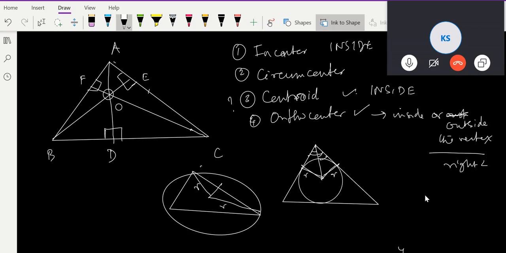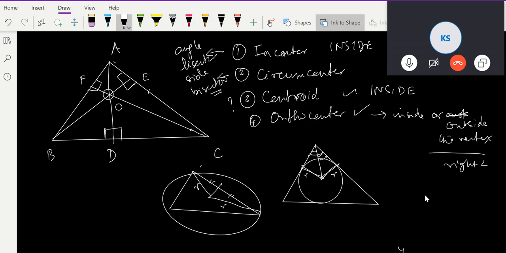So the incenter is the angle bisector and the circumcenter is the side bisector, right?